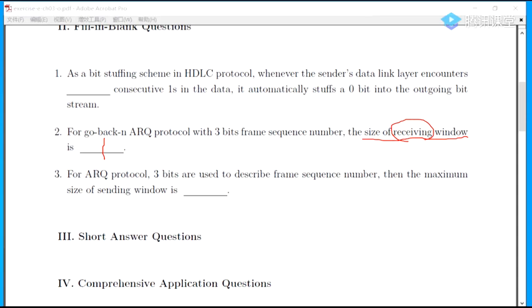Question 3. For the ARQ protocol, 3 bits are used to describe a frame sequence number. Then the maximum size of the sending window is 7, that is 2 to the power of 3 minus 1.